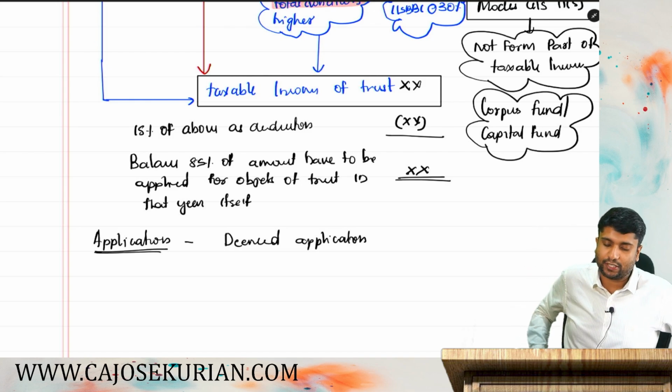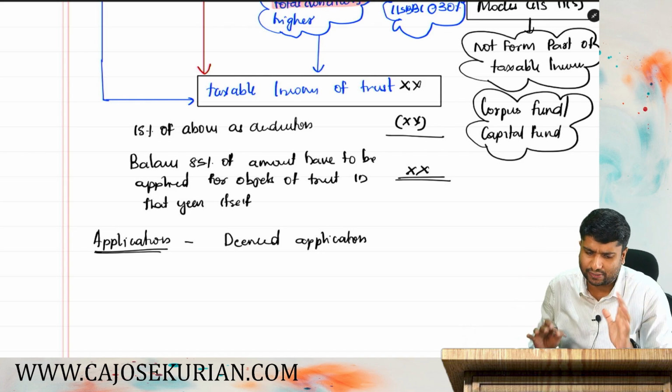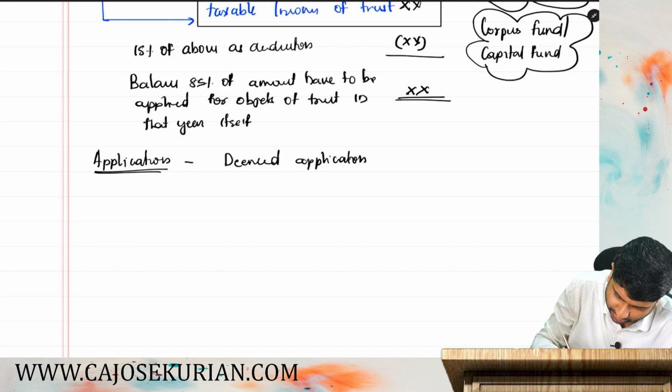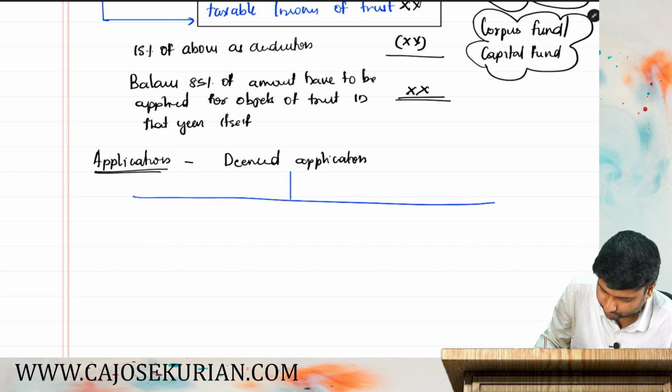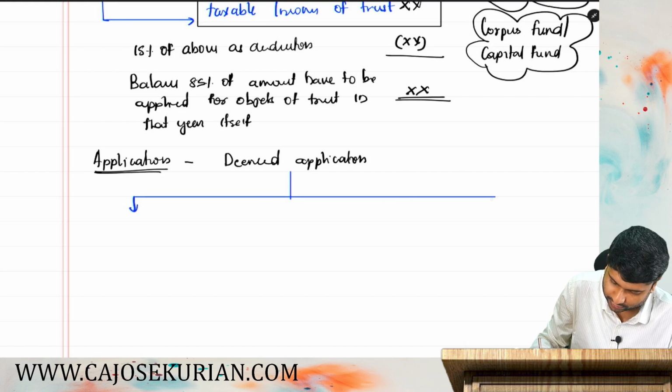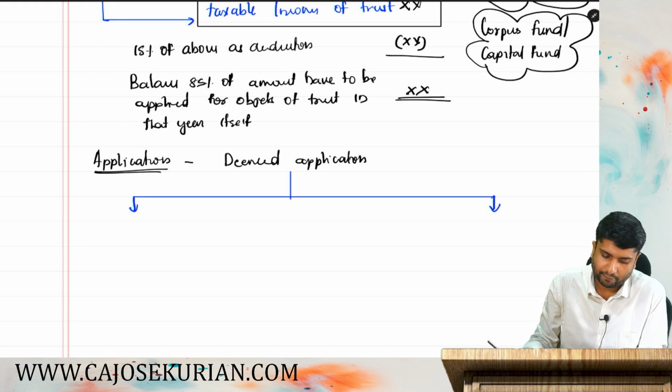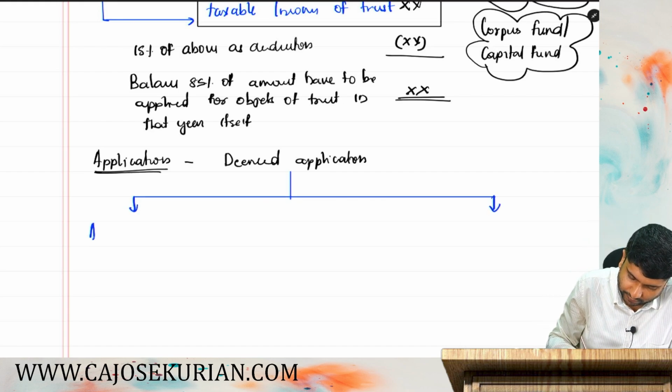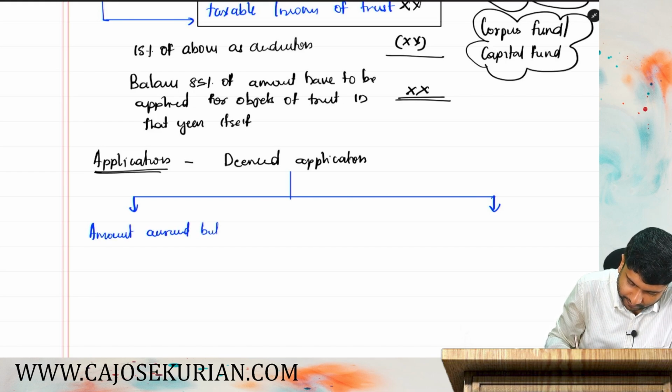Application. This concept is said to be what? Deemed application. Let's understand what is deemed application. There are two scenarios for deemed application. We can split that deemed application into two. Number one, amount accrued but not received.